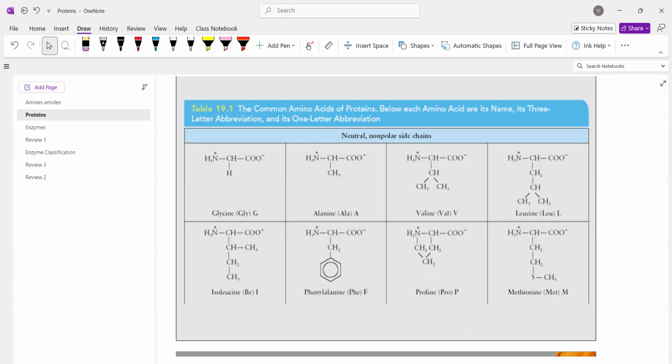The first group I want to talk about are neutral, non-charged, and non-polar. Here's our good old glycine, and all these others are L amino acids, and they all have a chiral carbon in them.